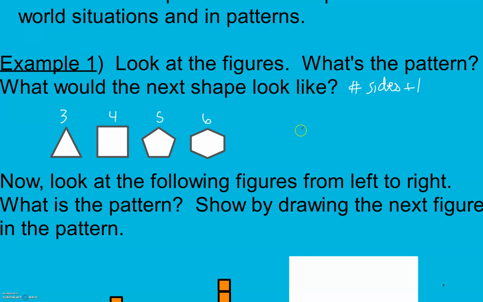So the next shape, if we had 6, we add 1 to that. This one's going to be a 7-sided polygon. And I'm not even going to try and draw that in here, guys. But the next shape would be a 7-sided regular polygon. So it's like if we split these up and put one more side in there. Same sides, same angles, just 7 sides instead of 6.